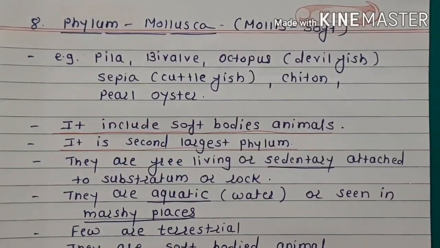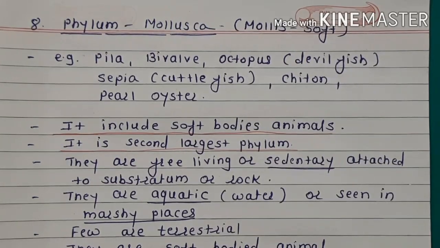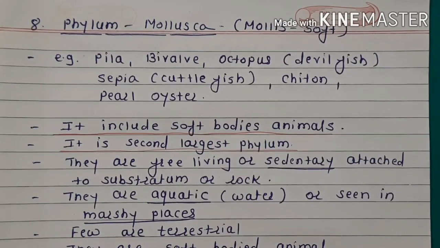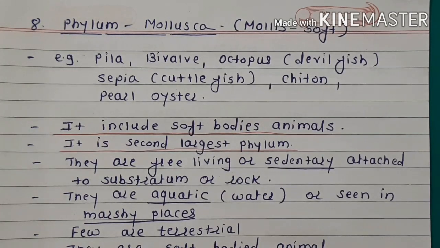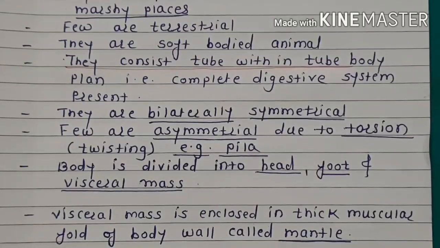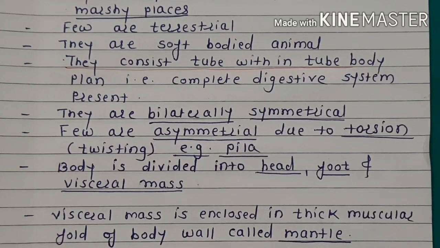Phylum Mollusca. Mollusca means soft. Example, pila, bivalve, octopus, sepia, chiton, pearl oyster. It includes soft-bodied animals. It is the second largest phylum. They consist of tube within tube plan, bilaterally symmetrical.